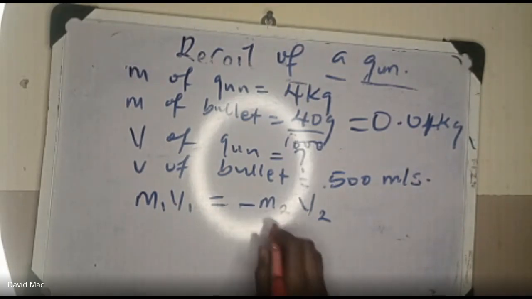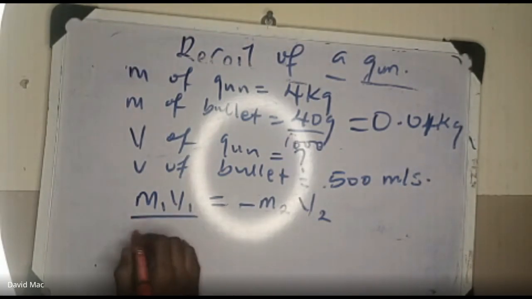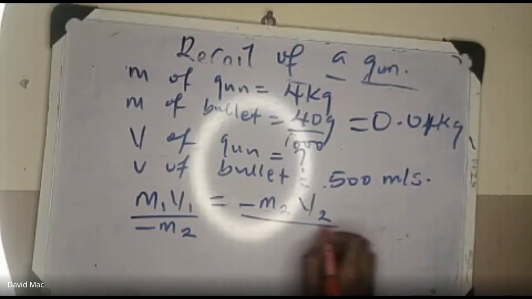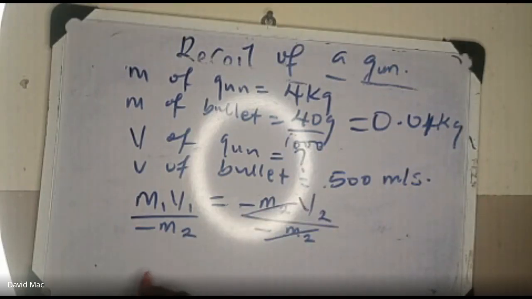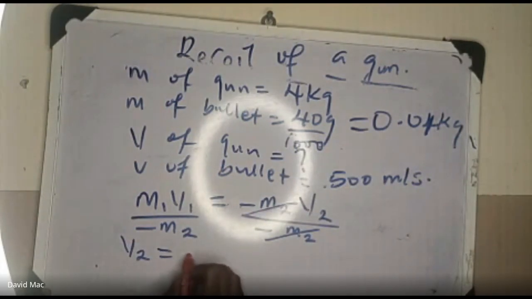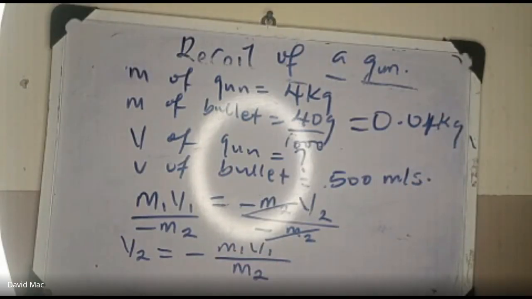What are we looking for? We're looking for V2. So divide both sides by minus M2. Cancel this. So V2 is equal to minus M1V1 all over M2. Somebody following? So what are we going to get?